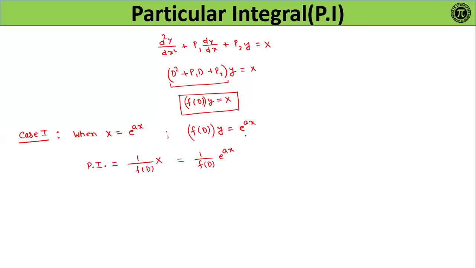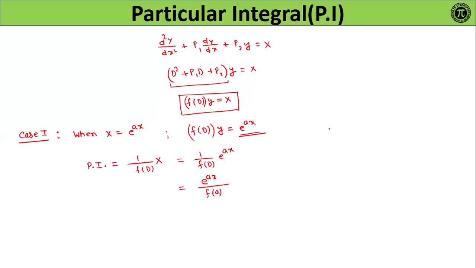Remember, when the right hand side of the equation is e to the power ax, this is the easiest problem. You just write e to the power ax divided by f of D, where f of D is a function of capital D, and you just replace capital D by the number a. That means e to the power ax divided by f of a.